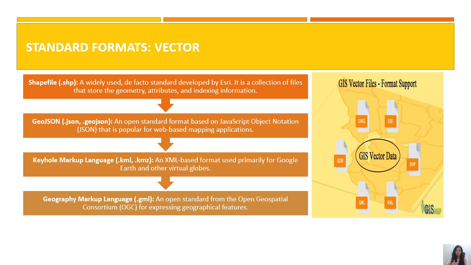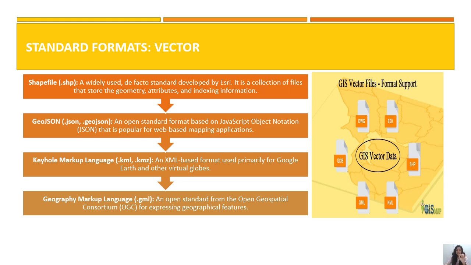Usually when we do validation studies, we cannot physically go to the particular place, so we use these coordinates, points or features and upload them into Google Earth, so we can say whether it is accurate enough or not. Next comes Geography Markup Language, that is the GML type of file. These are Open Geospatial Consortium, that is OGC, standards for expressing geographical features.